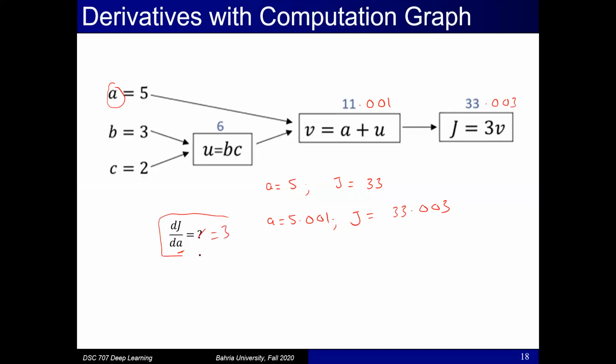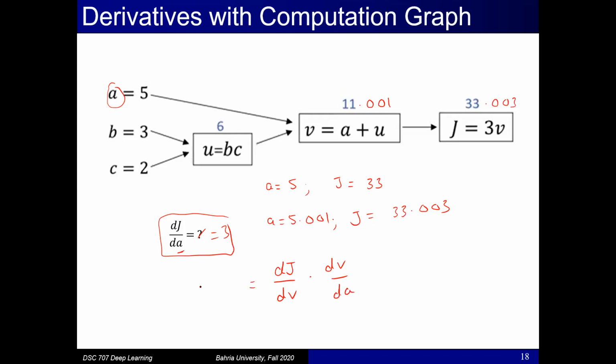So it means this will again come out to be 33.003, and I can say that this number is actually 3. However, if you observe, a is not directly influencing j. What is actually happening is that j is dependent on v, so I can compute the derivative of j with respect to v, and v in turn is dependent on a.